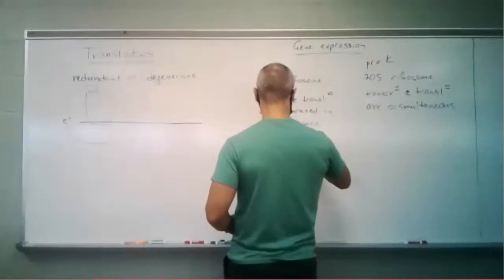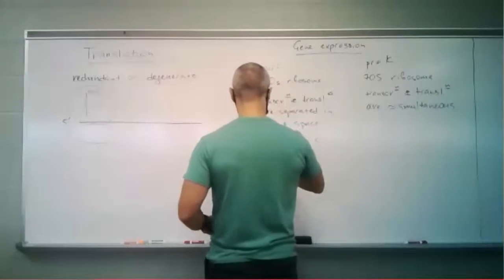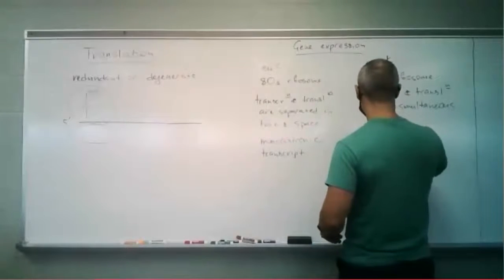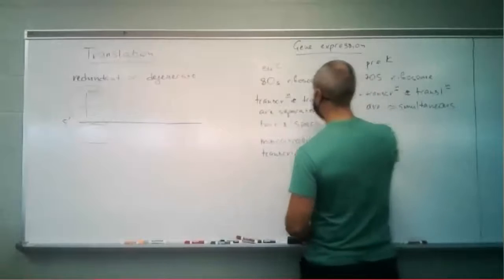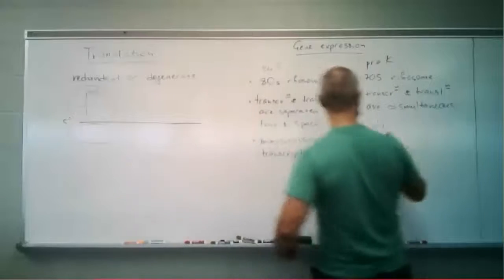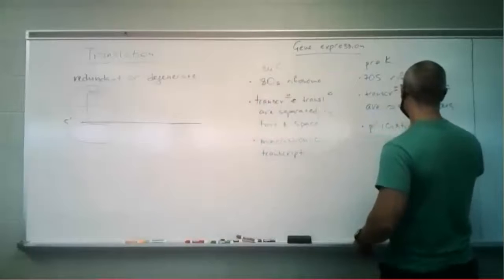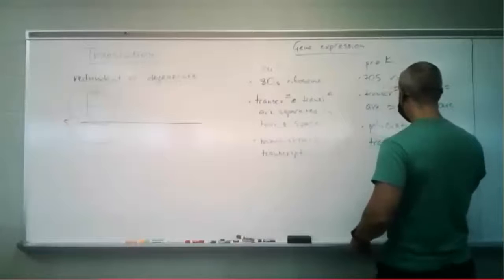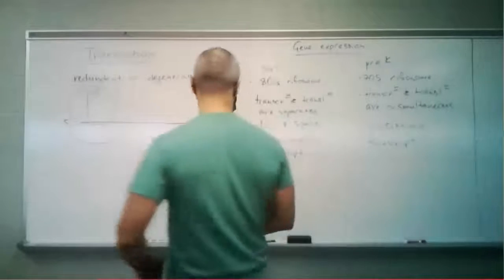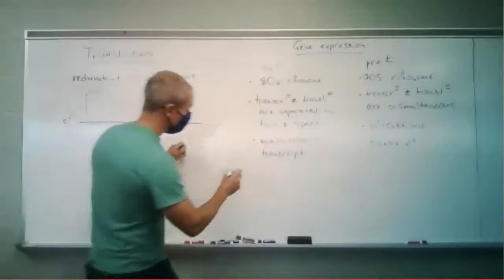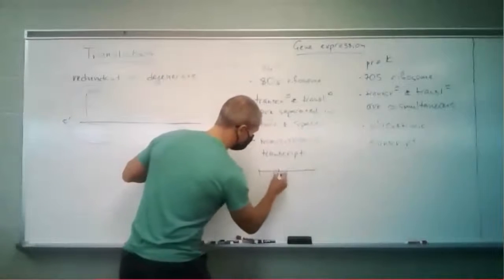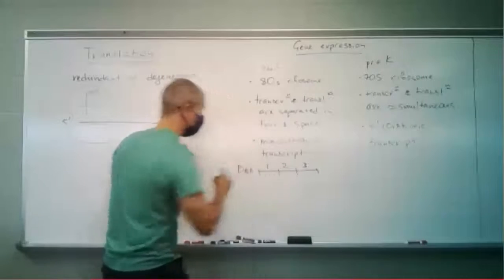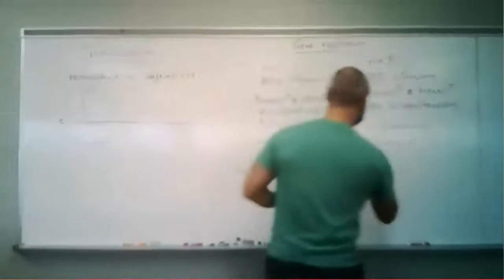monocistronic transcripts. What does that mean? Look here. So this is DNA molecule with 3 genes.